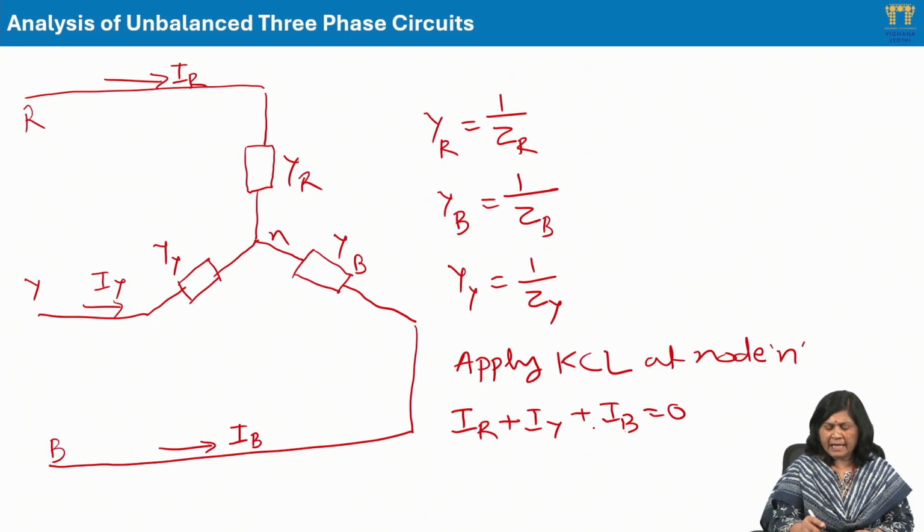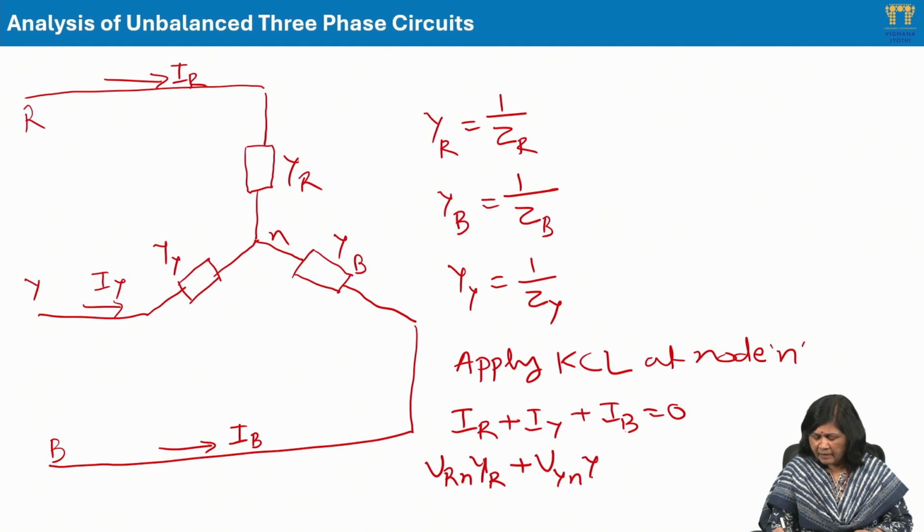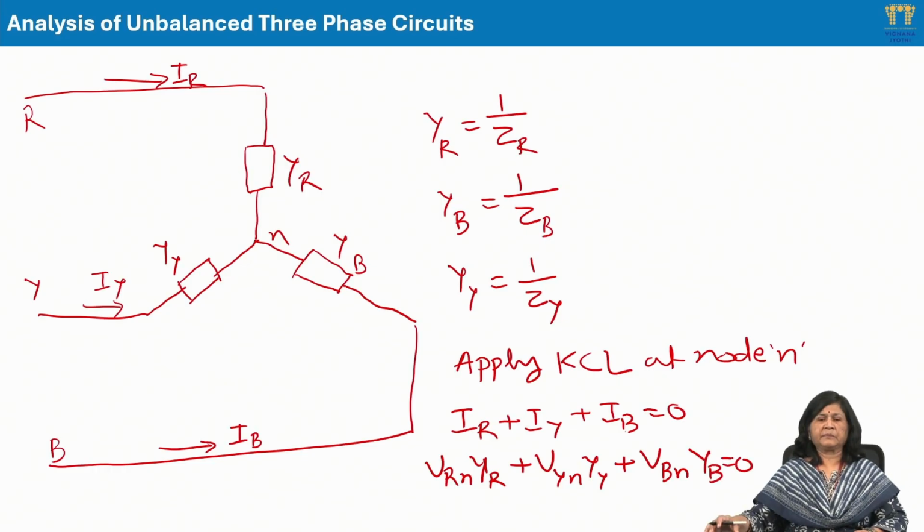Now these currents I can express in terms of load voltages. My load voltages are VRn into YR plus VYn into YY plus VBn into YB equal to 0.